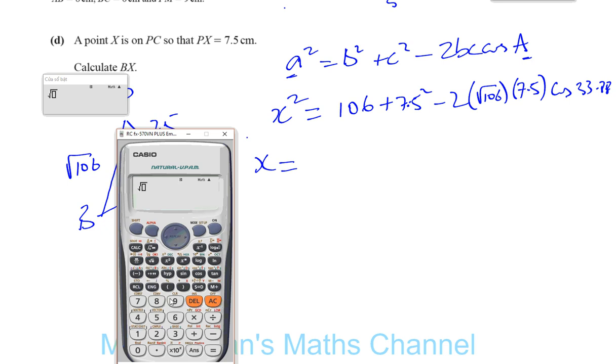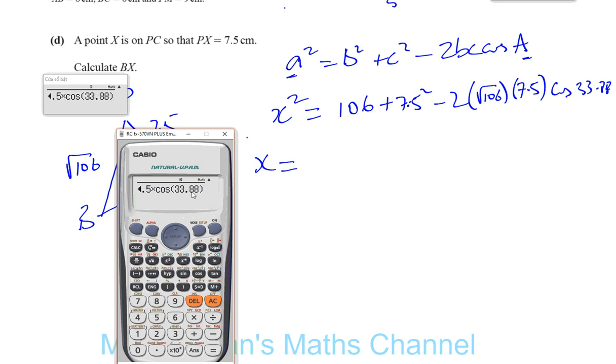Minus 2 times the square root of 106, take that outside of the square root, times 7.5 times the cosine of 33.88.